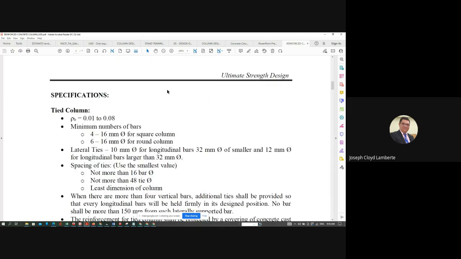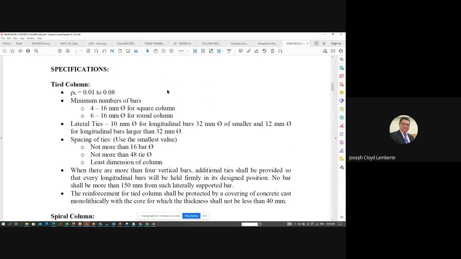Okay, let us look at the summary of this specification, class. Later I will show you the detailed specification as stipulated in our code, the ACI code and NSCP. For tied columns, we have a steel ratio of 1 to 8% only.